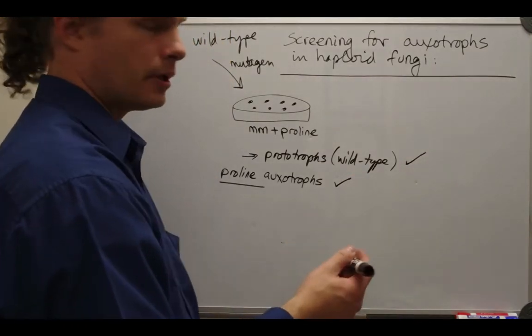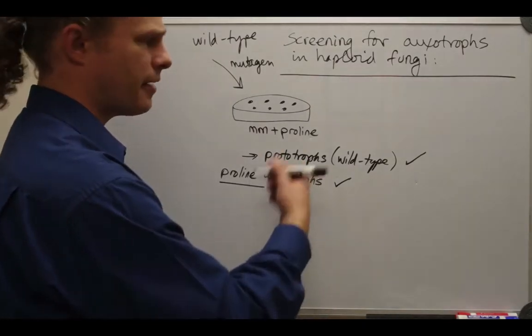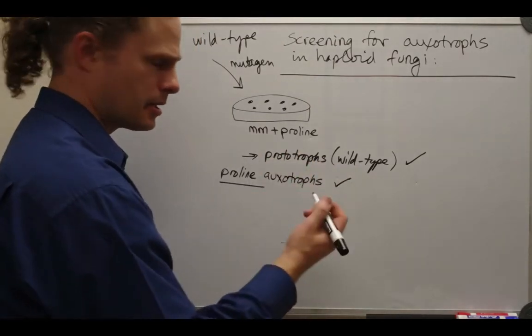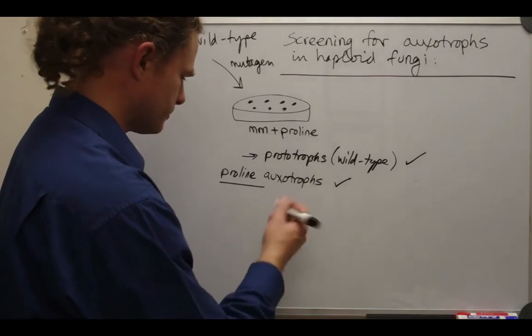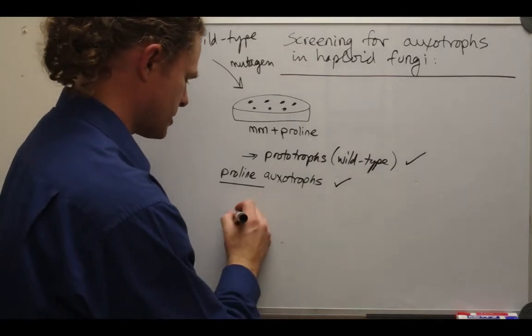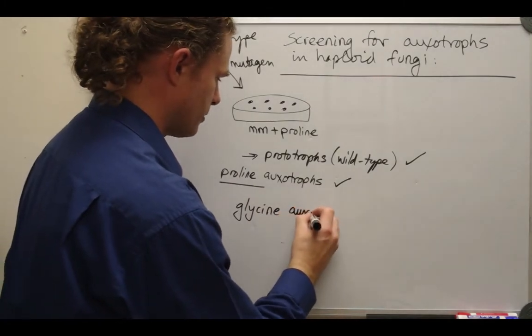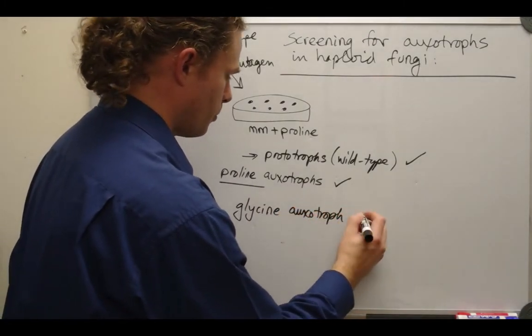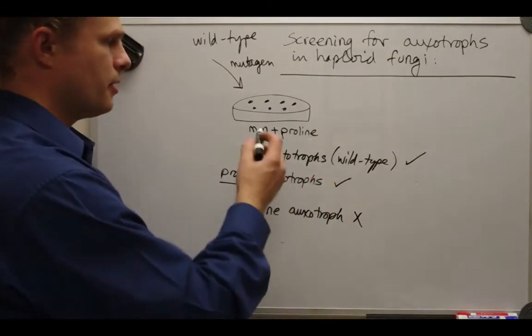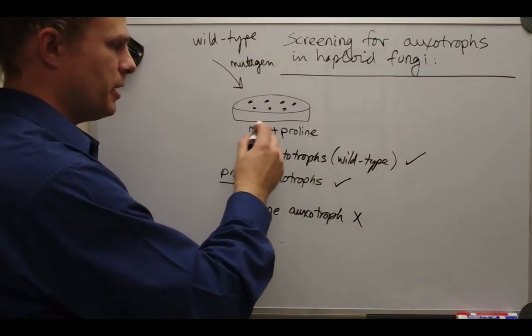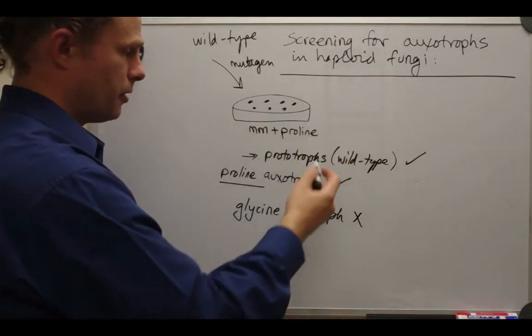Now, anything else that we haven't supplemented, say something that's unable to make another amino acid, say glycine, a glycine auxotroph will not grow on this media. It would need minimal media supplemented with glycine in order to grow.